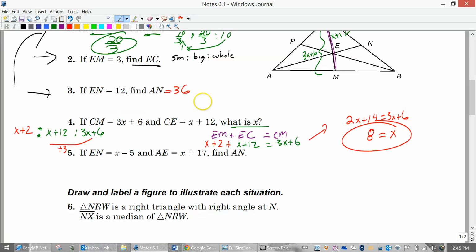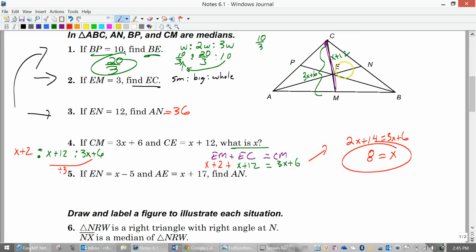Okay? All right, in terms of EN now, so EN is the small segment, so x minus 5 would be the small segment. AE is the big segment, and we need the whole thing. And now for the whole segment, we've got to figure out an expression for that.